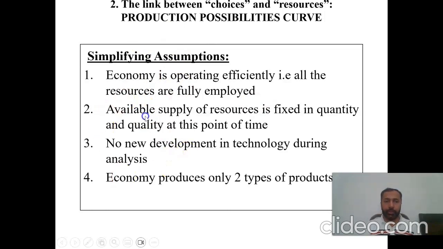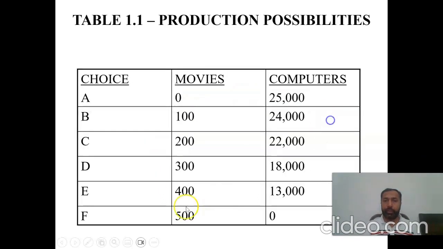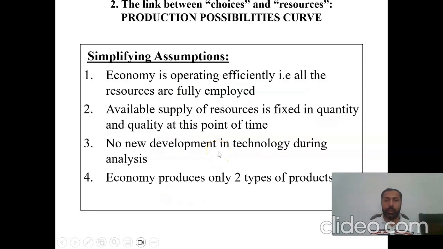The second assumption is that the available supply of resources is fixed in quantity and quality at this point of time, which means that we are assuming that land is fixed, labor is fixed, capital is fixed, entrepreneurship is fixed in terms of quantity as well as quality.